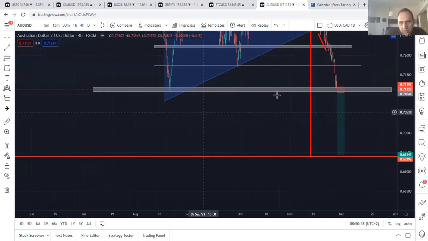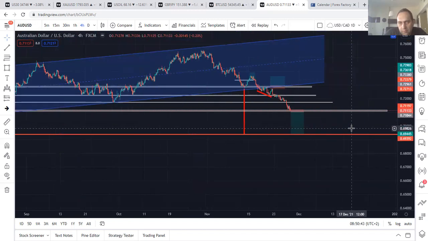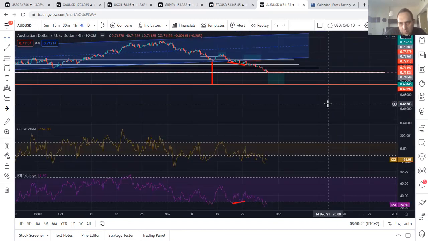Okay, we should have a good fall. Now we don't know if it will retrace up before, but this is why we have our stop loss.